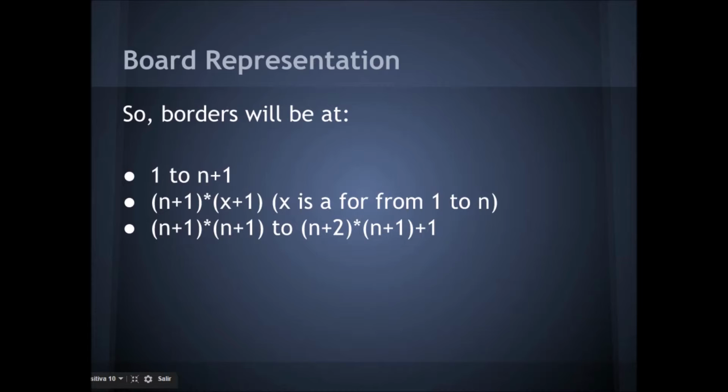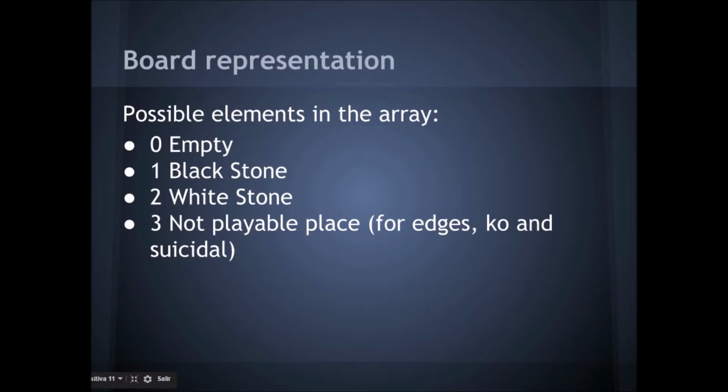But if you take some time to do the math, you will get to the exact point where this is. So there are 4 possible elements in our array. 0 is empty. Let's say 1 will be a black stone, 2 a white stone, and 3 a not playable place. For example, the edges, ko, and suicidal positions if we use a rule set that does not allow suicide.